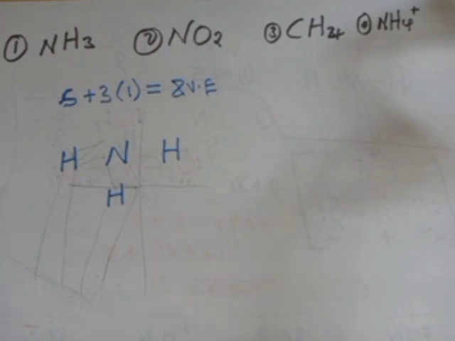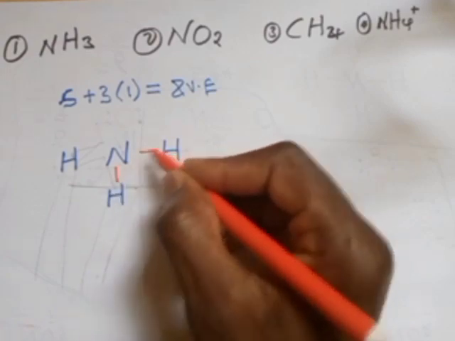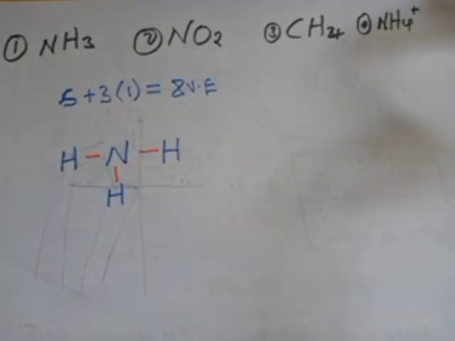Now the second thing is to do what? You draw a single line between the central atom and the outermost elements. Like this, like that. So we are going to remove how many valence electrons here? 6. So remember, hydrogen doesn't become stable with more than 2 electrons, so it is already stable. Why?